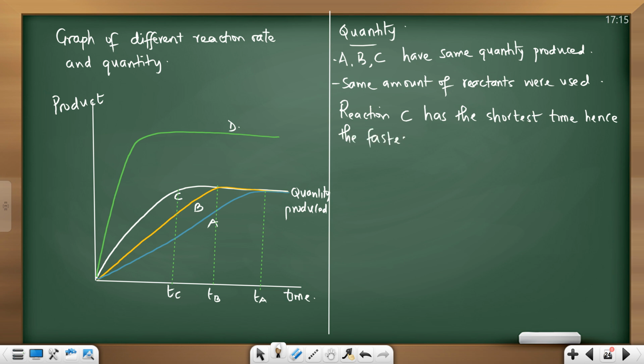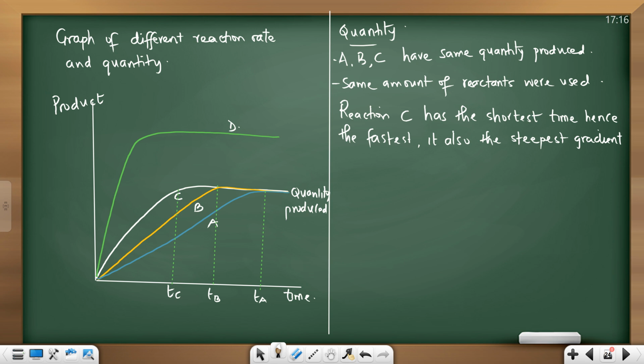And what would you notice again? It also has the steepest gradient. If we were to calculate the gradient, you would notice that C has the steepest. So that's the comparison between A, B, and C. A is the slowest.